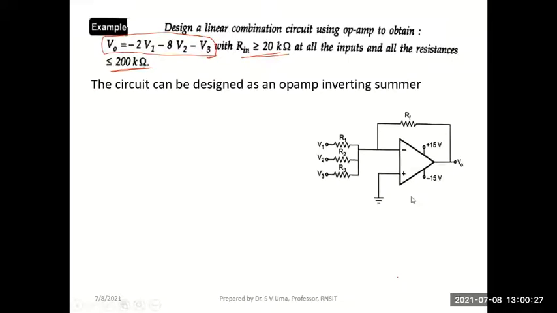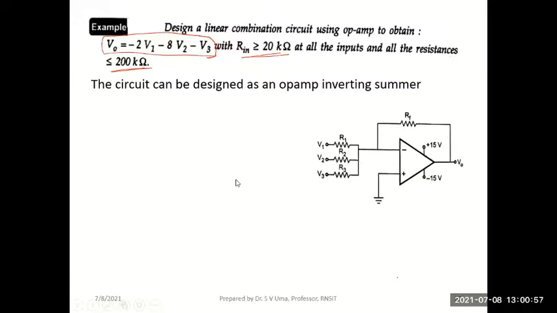So let's consider the circuit. Please remember you have to draw the basic circuit. Draw the circuit of this inverting op-amp adding circuit. V1, V2, V3 are the inputs. Let me consider R1, R2, R3 are the resistors. You can take RA, RB, RC also. And RF is the feedback resistance, as you can see.